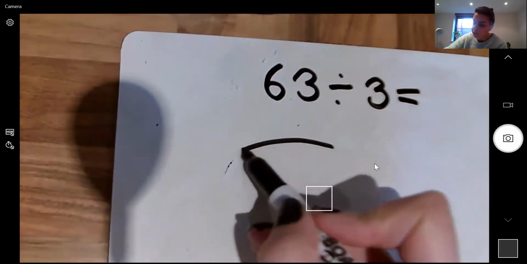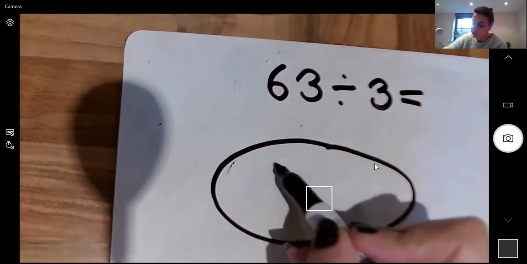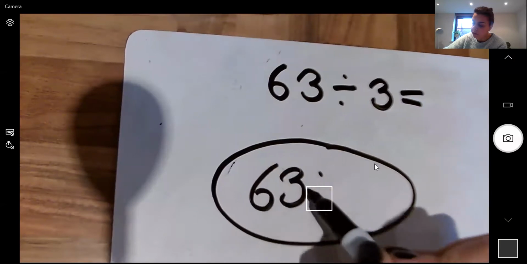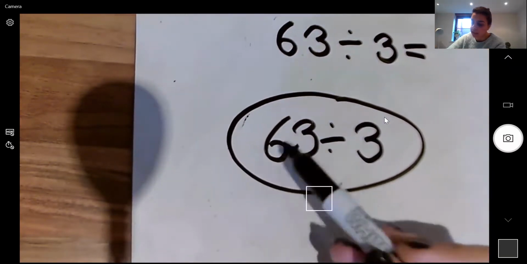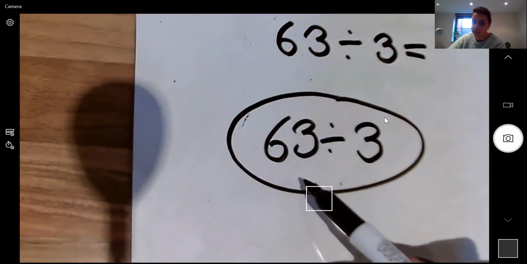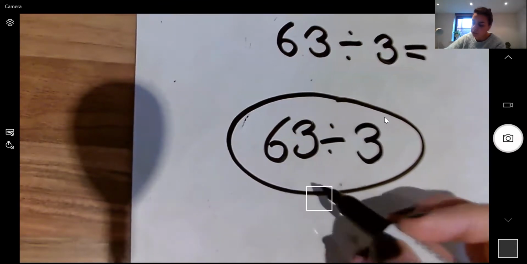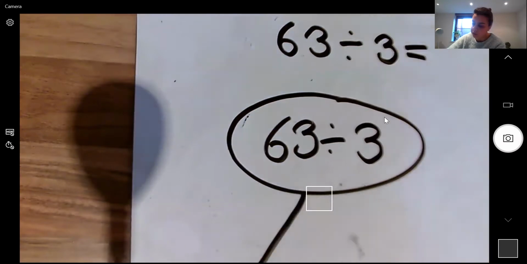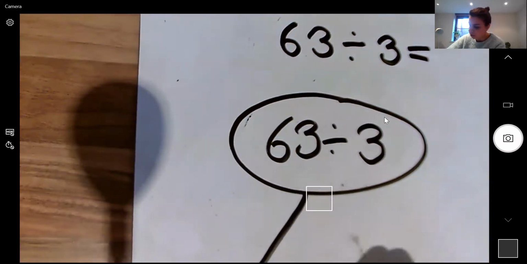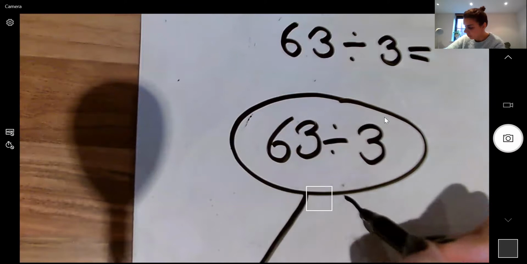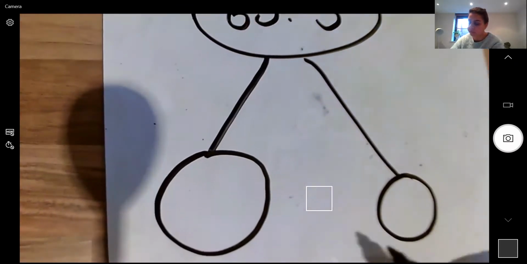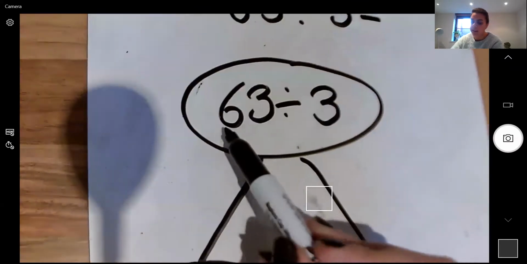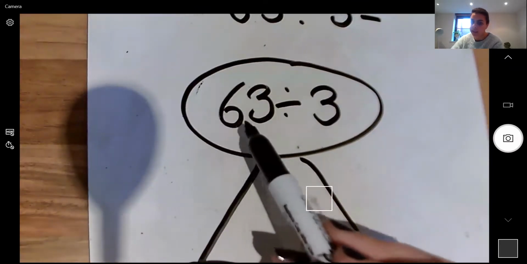So at the top of my part-whole model is going to be 63 divided by 3, and we're partitioning our 63. So I'm going to draw my part-whole model there. And in here, I had 63, so I'm going to split it into 60 and 3.